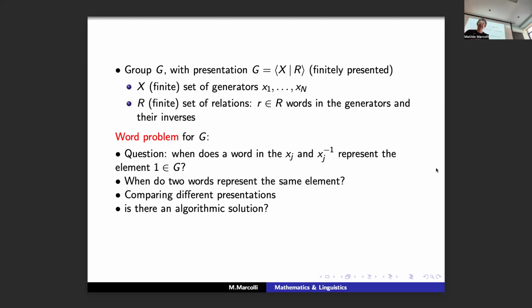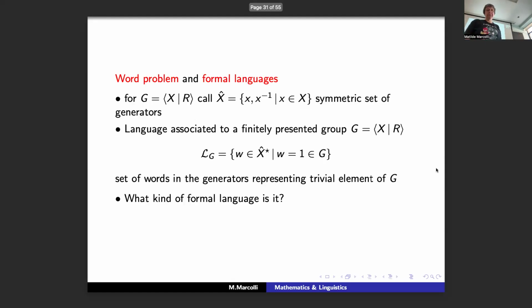There is this famous word problem for the group: what is the set of words in a symmetric set of generators that would give you the trivial element in the group? In a sense, this is related to the question of when two words represent the same element in a given presentation of a group. And there is also the general question, when is this word problem for a group algorithmically solvable or not?